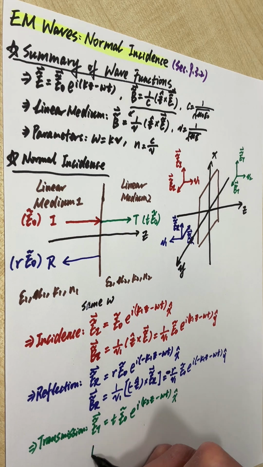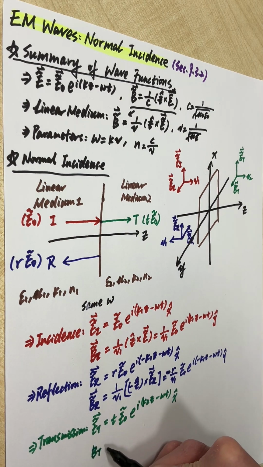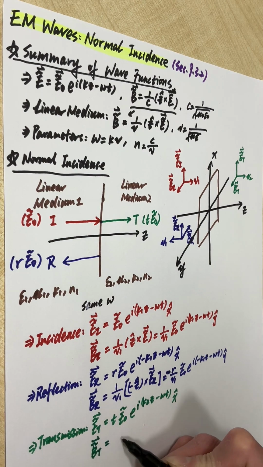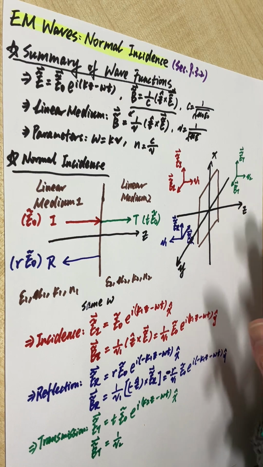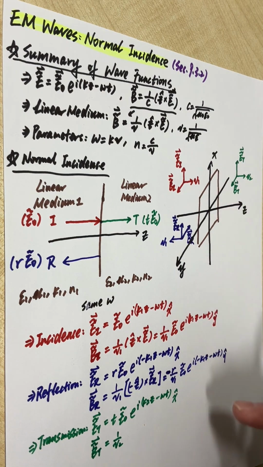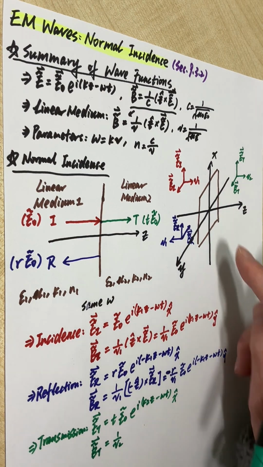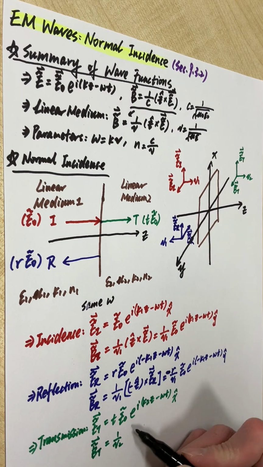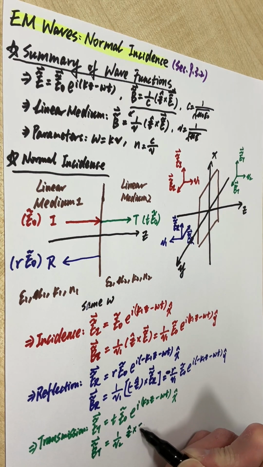Then we have the magnetic field, which equals 1 divided by V2, for linear medium 2, and the propagation direction is Z, so Z cross ET.